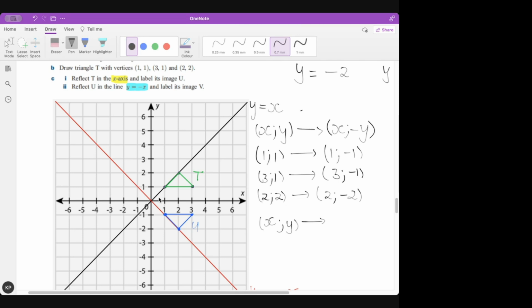Y is equal to negative x. Yes, y is equal to negative x, but that is our line of reflection. Do you guys agree? So where do we put this shape? What will my general rule be? Anyone have an idea?